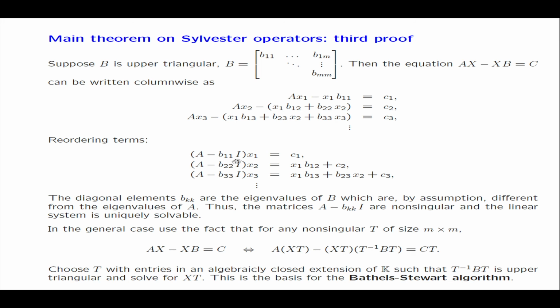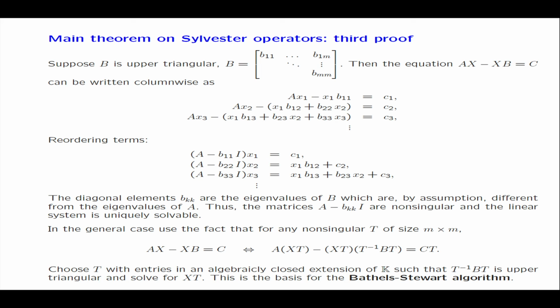And if we reorder terms, we get another sequence of equations. And we see, okay, here is an equation for the first column of the solution. The question is, can this linear equation be solved? It can be uniquely solved if and only if B11 I plus A is invertible.